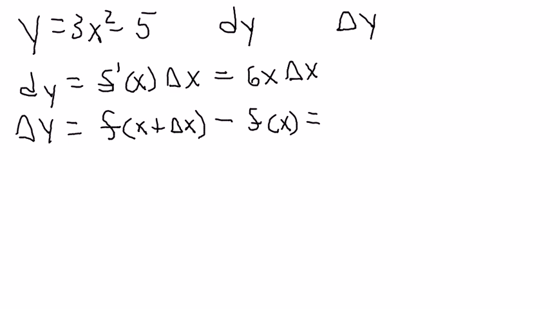If I plug in my numbers, it's 3 times the quantity x plus delta x squared minus 5, minus my original equation, 3x squared minus 5.